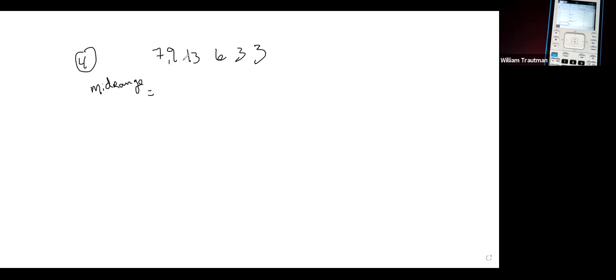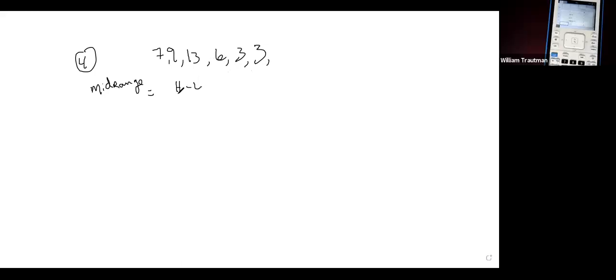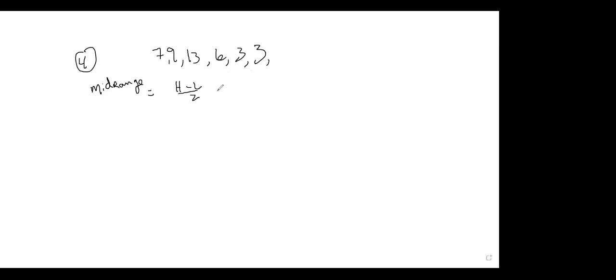That might be a formula that we have to look up. Anybody know the formula to use for it? The highest minus the lowest, and then divide by 2? I don't think that's it. The highest plus the lowest divided by 2.